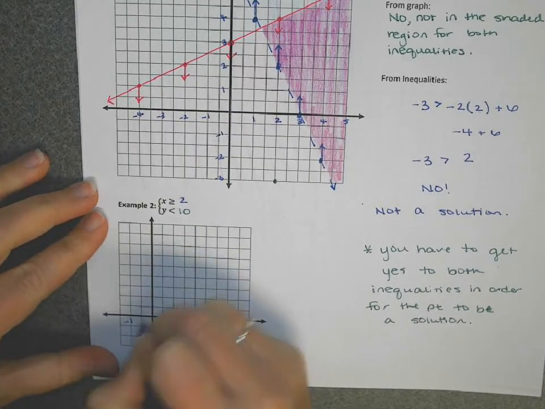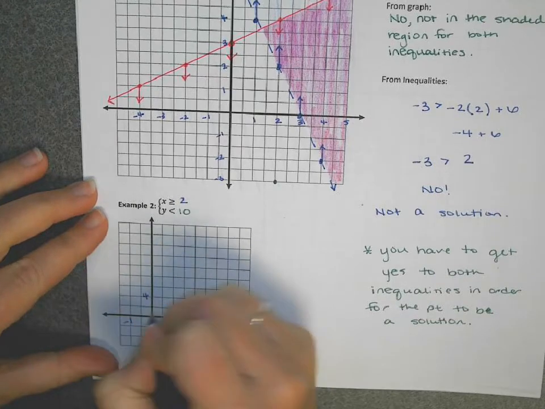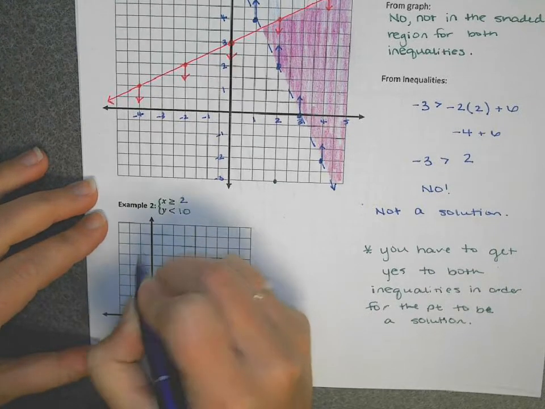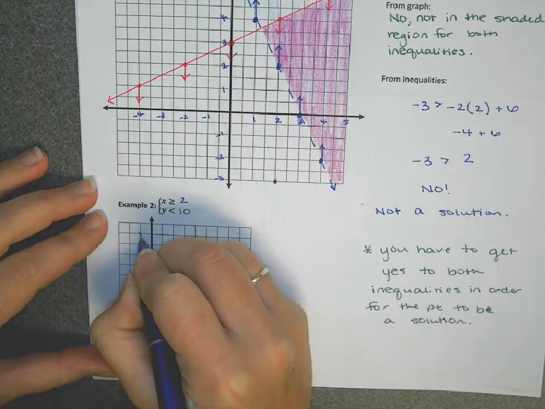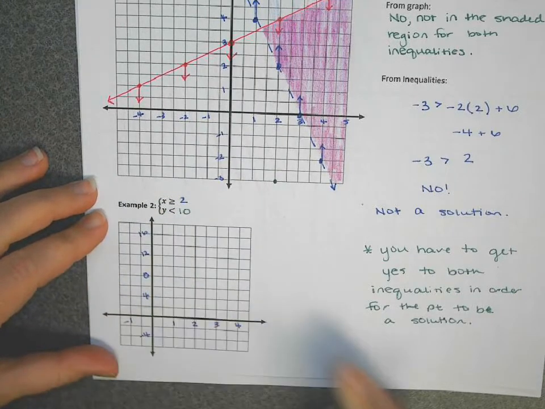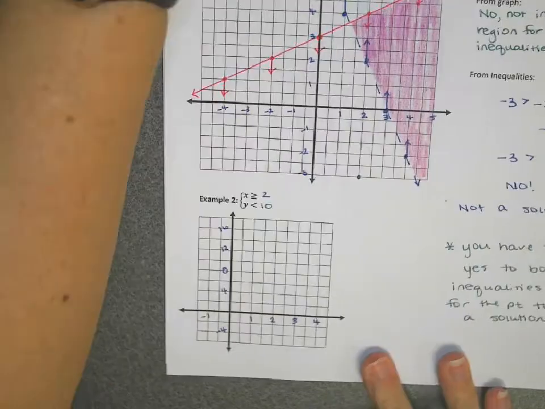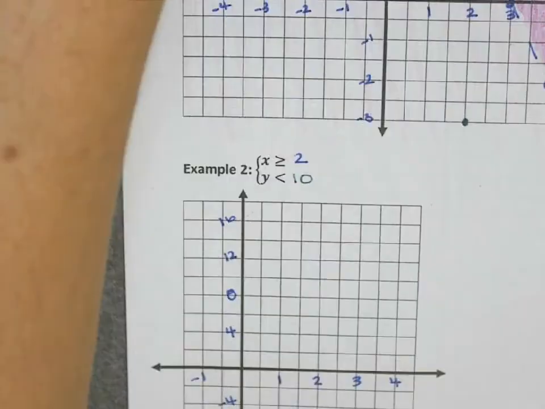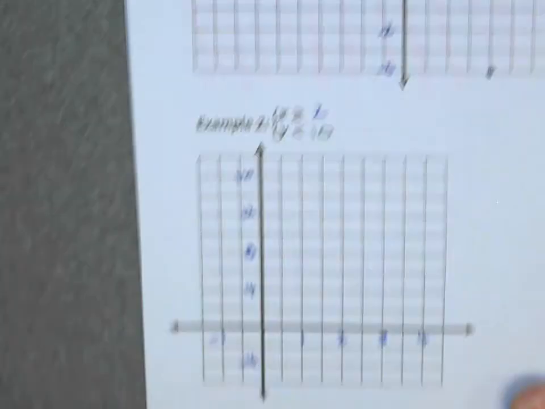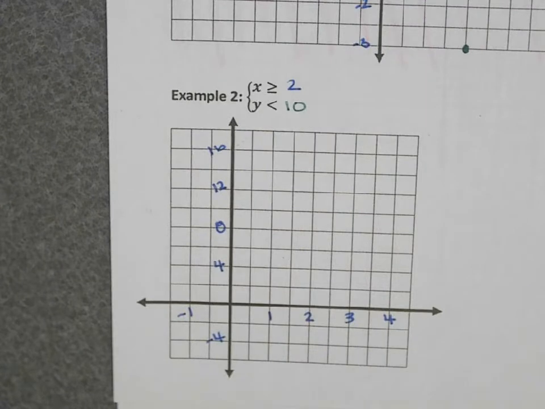Maybe I'll go by 2s here. I'm going to zoom in on the graph. This is what I have so far.